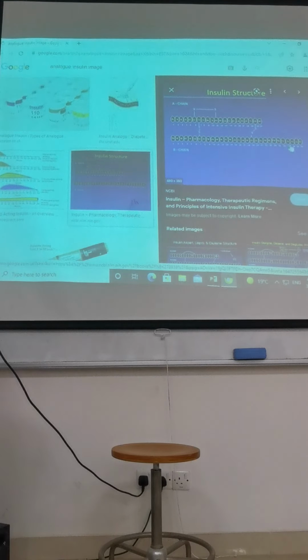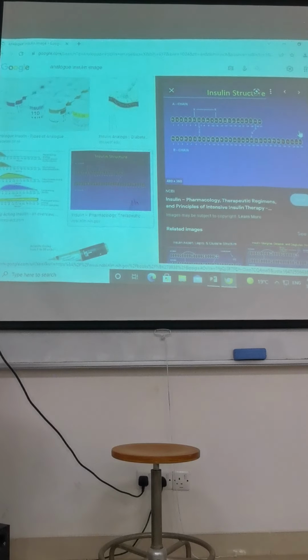These are all amino acids. Somewhere here you will see proline and lysine, right? These are the numbers 1, 2, 3, 4, 5, 6, 7, 8, 9, 10. So here it is 27 and 28.